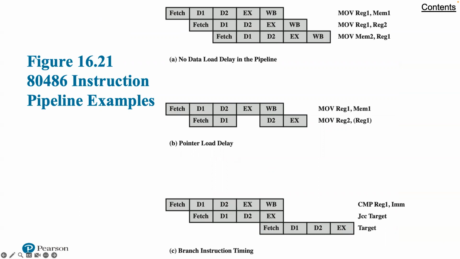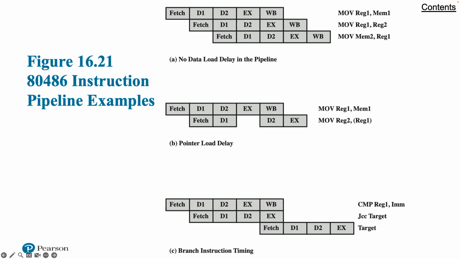That is, if a value is loaded from memory into a register and that register is then used as a base register in the next instruction, the processor will stall for 1 cycle. In this example, the processor accesses the cache in the EX stage of the first instruction and stores a value retrieved in the register during the WB stage.